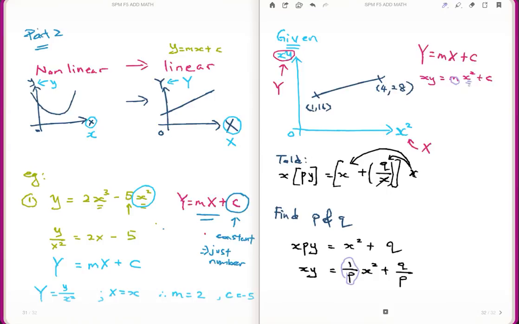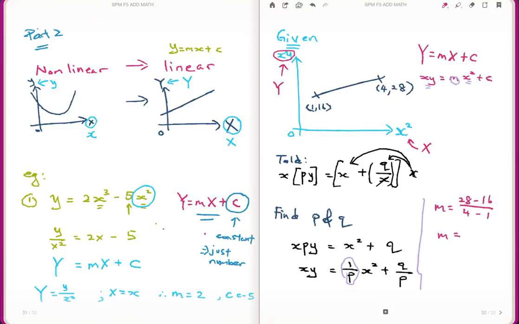I have my x squared already, I have my xy already, c is my q over p. So things would be much simpler now, because in order to get p and q, all I need to do is to find out the gradient. So from the equation above, gradient equals 28 minus 16 over 4 minus 1.